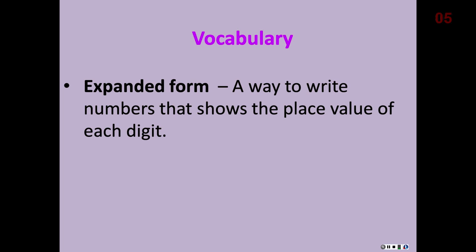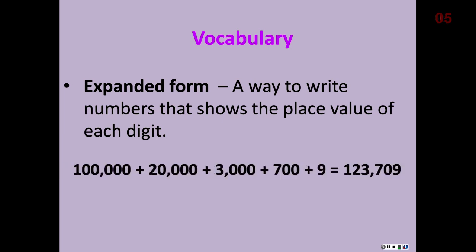Expanded form. Now, expanded form is a way to write your numbers that shows the place value of each digit. Okay? So here's an example of the same number that we've been working with. 123,709 in this case.